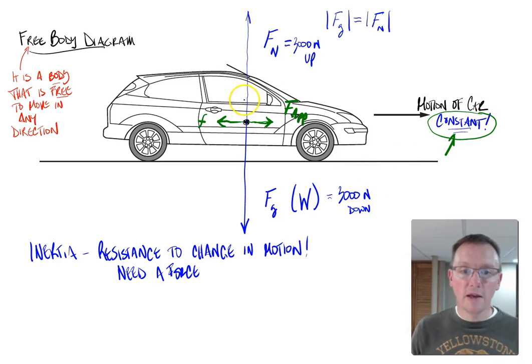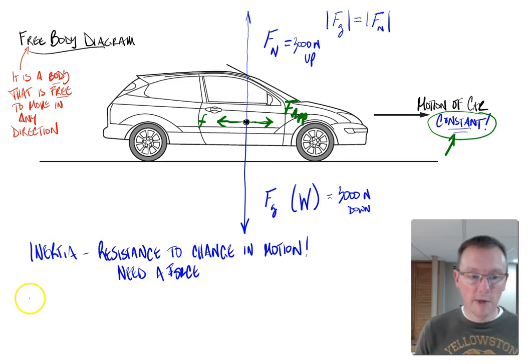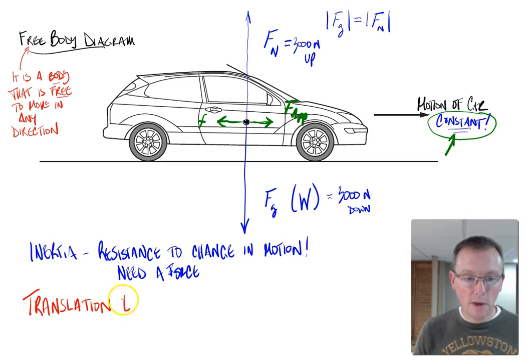Now, what we could say, if this force balances with this force, and this force balances with this force, is that we're in kind of a special situation. And that special situation has a special name, and it's called translational, I know it sounds really cool, translational equilibrium. Oh, I know.